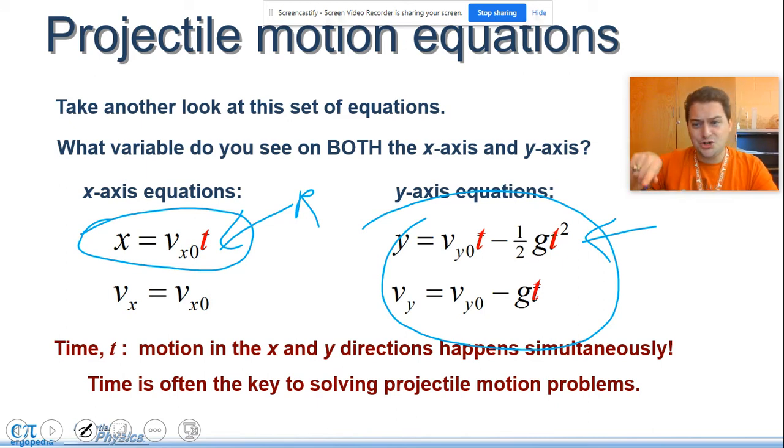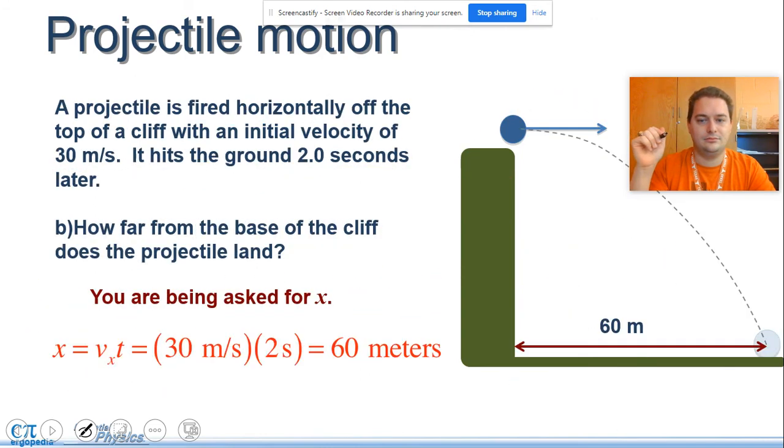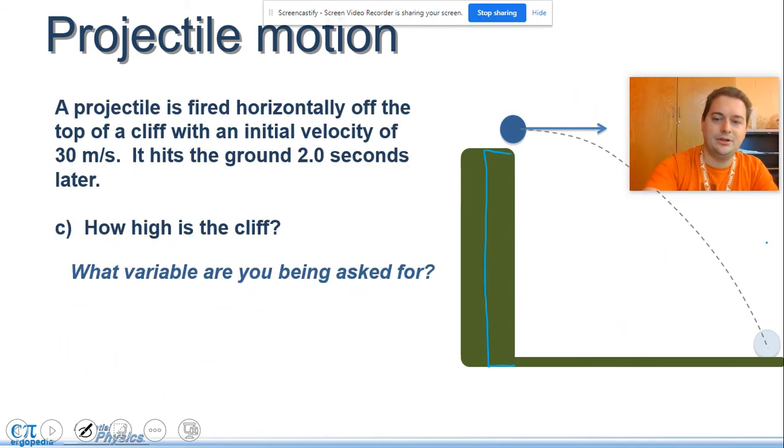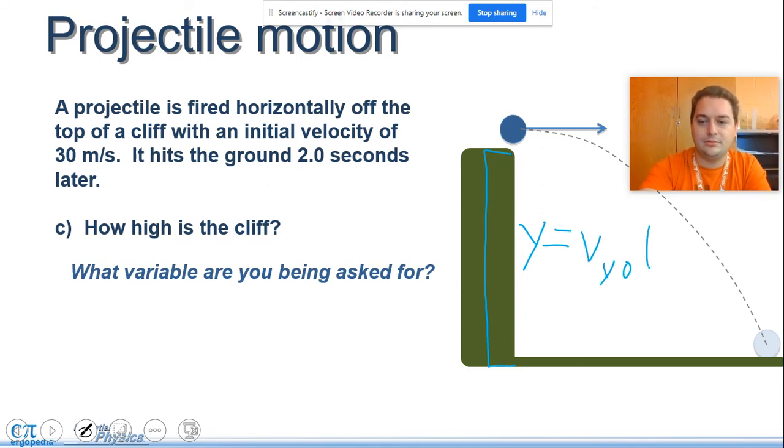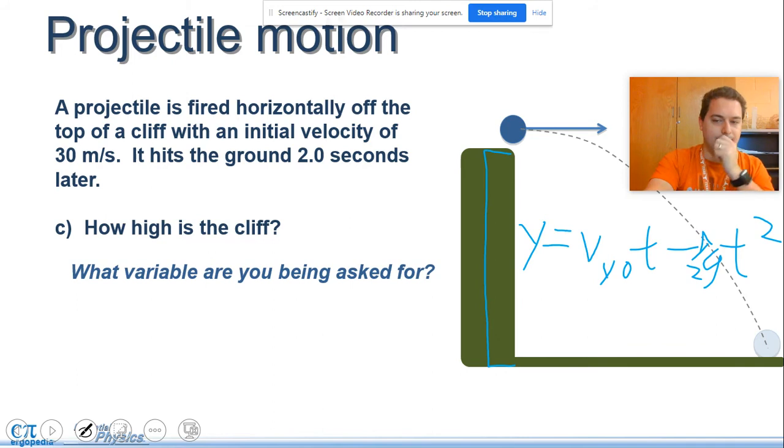Y is position on the y-axis, up and down, which means you would use it anytime you need to find height. We're looking for y, okay? Which equals Vy0 times t minus, sorry, 1/2 g t squared.